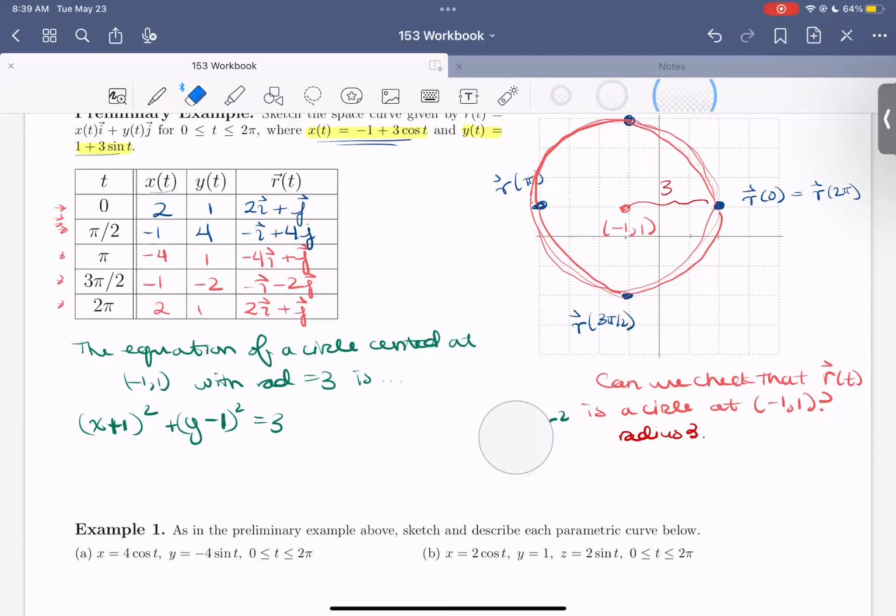All right, so that would be the equation of a circle with those parameters. So what we can do is check to see if our maps x of t and y of t satisfy this equation.